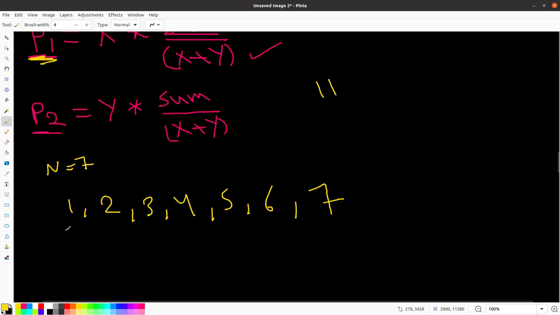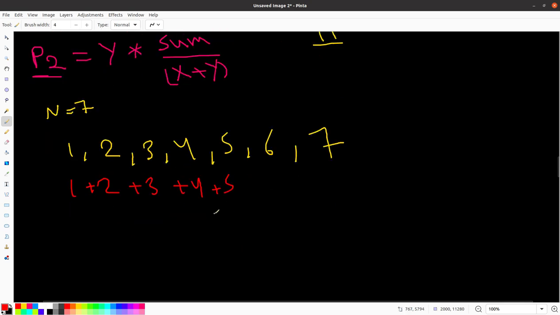So what we do is take numbers until the summation becomes equal to or greater than this number. So 1 plus 2 is 3, plus 3 is 6, plus 4 is 10. This is still less than 11. Plus 5 is 15, which is greater.